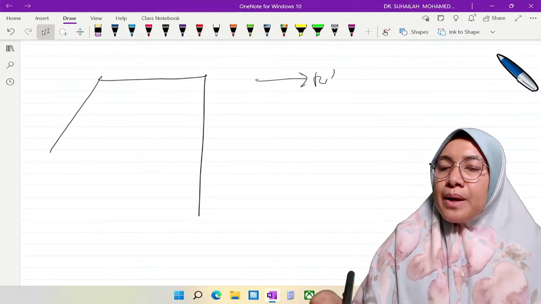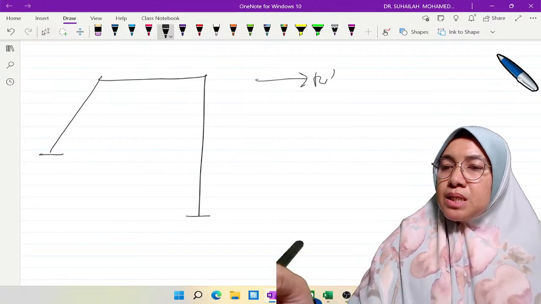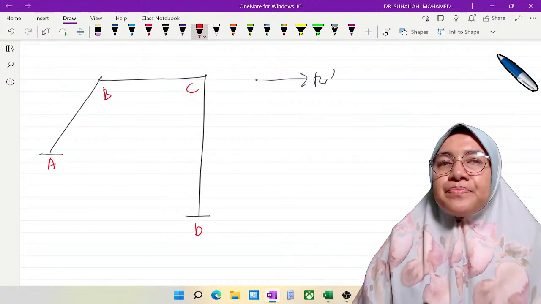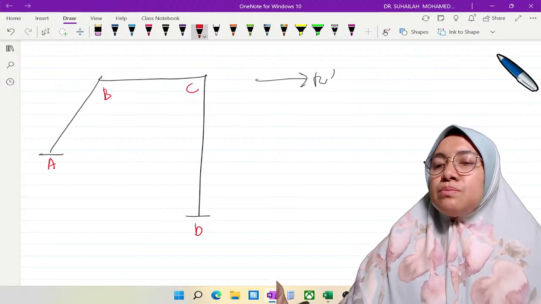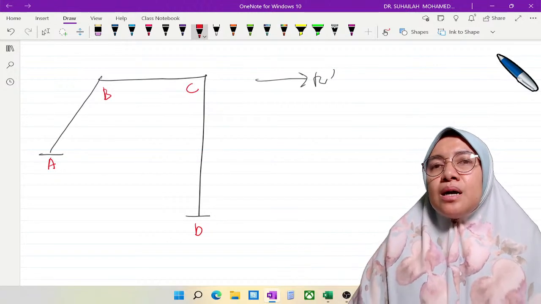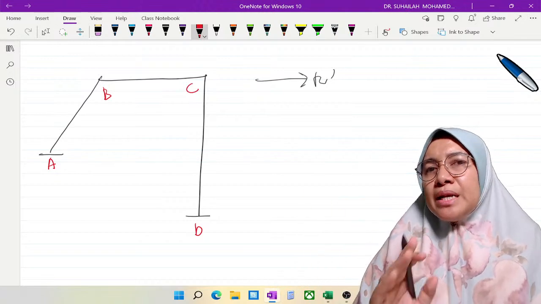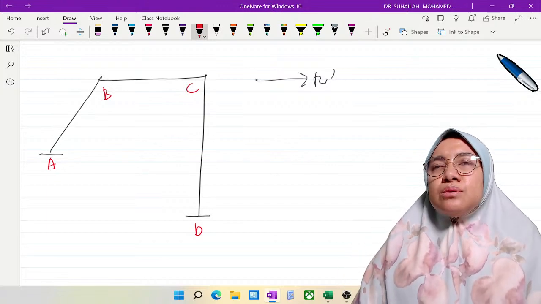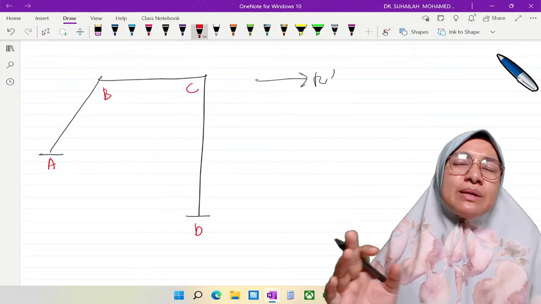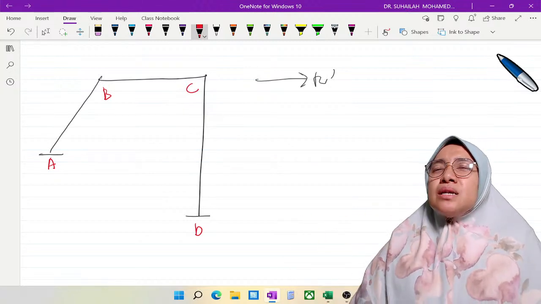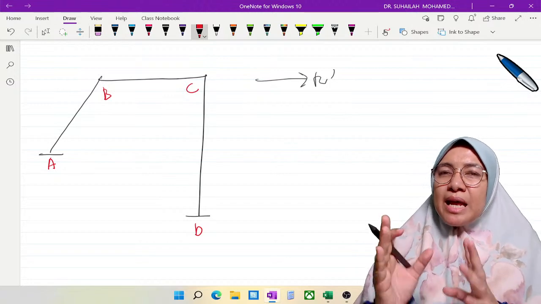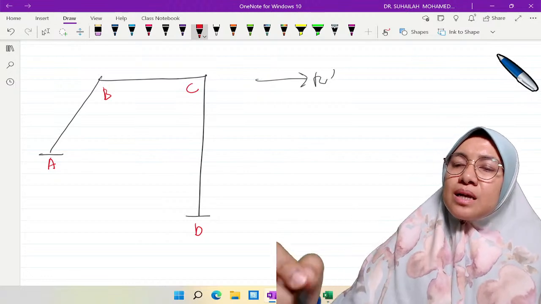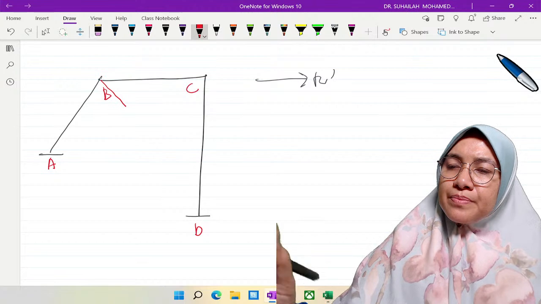Here is A, B, C, D. Most important thing: when there is one inclined column in the frame, we no longer get the same delta as the straight column frame earlier. It will become delta 1, delta 2, delta 3. So each element in this frame will produce a different delta. So here we get one delta. Okay, wait a moment.